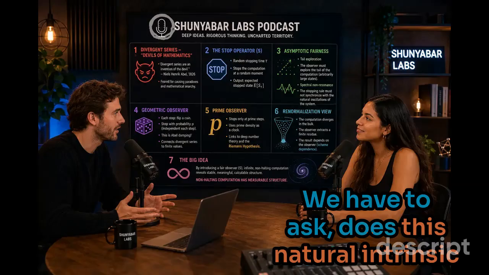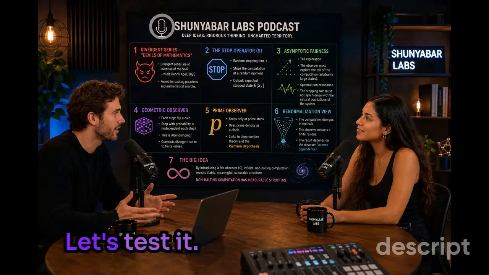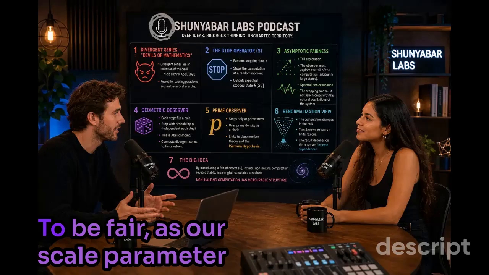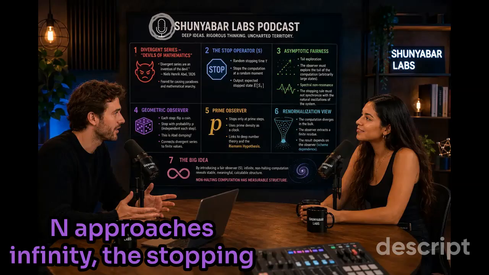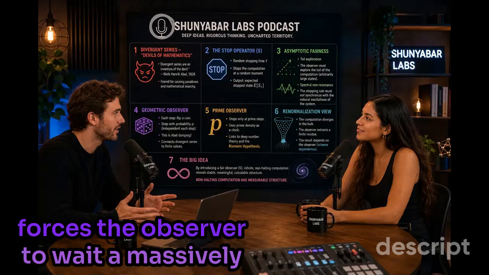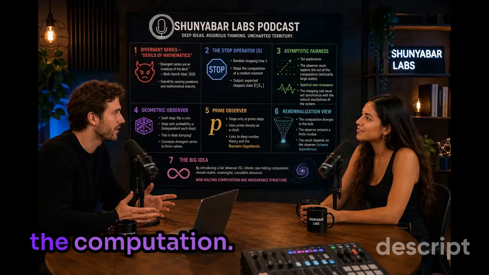We have to ask, does this natural intrinsic observer pass our 2 strict axioms for being asymptotically fair? Let's test it. Condition 1, tail exploration. To be fair, as our scale parameter n approaches infinity, the stopping probability must approach 0. This forces the observer to wait a massively long time and explore the deep tail of the computation.